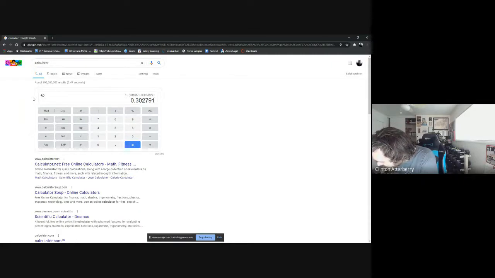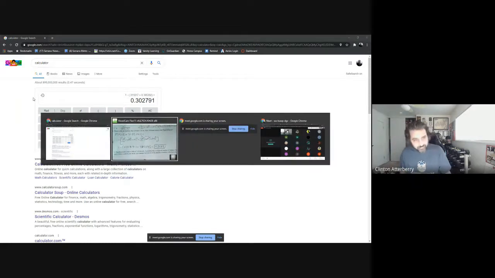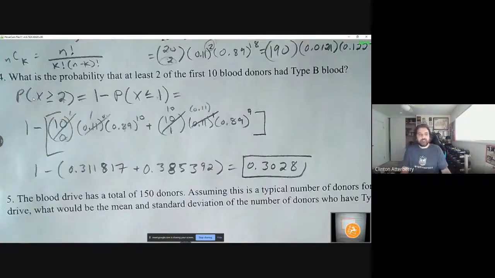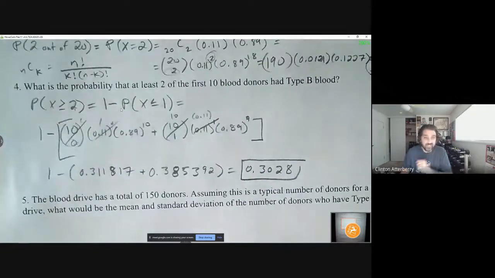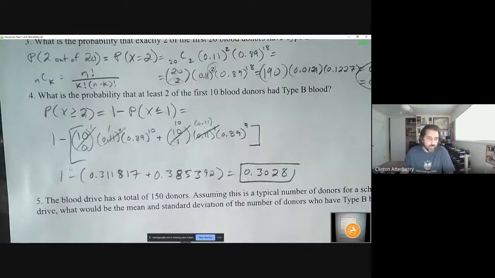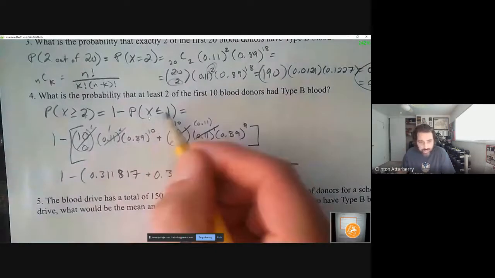That is the probability that at least 2 of the first 10 blood donors had type B blood. So I chose the 1 minus the opposite. If you wanted at least 2, what's the opposite of at least 2? It would be 1 or less, or less than 2. X less than or equal to 1 is the same as saying less than 2.